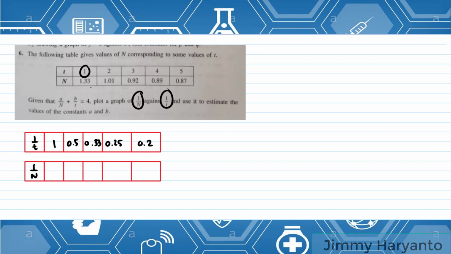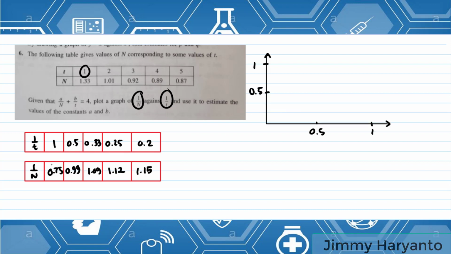Okay, for the n, we calculate 1 over 1.33, 1 over 1.01, and so on. This is the table of 1 over n: 0.75, 0.99, and so on. And then we have to plot it, 1 over n against 1 over t.